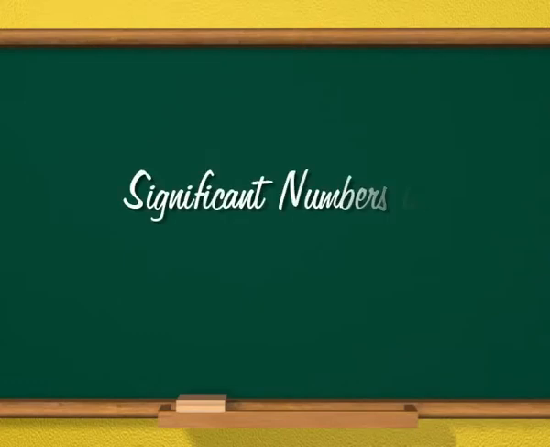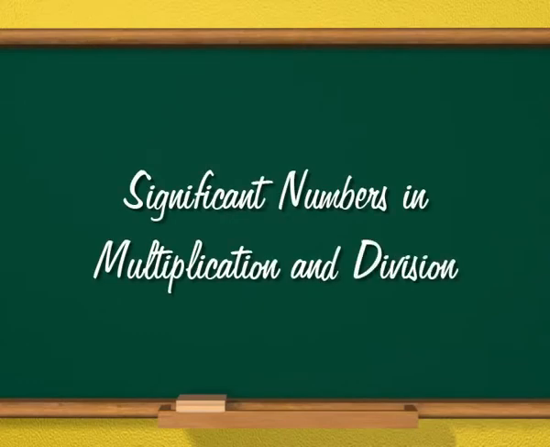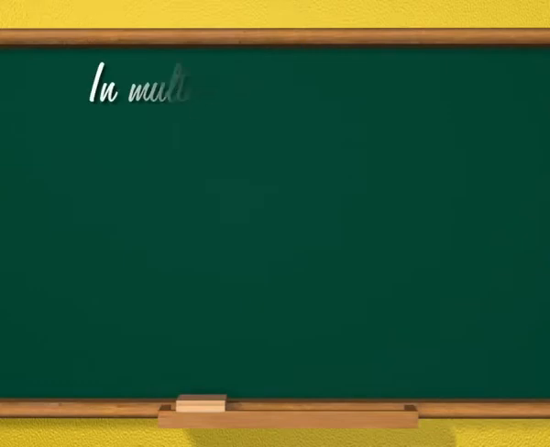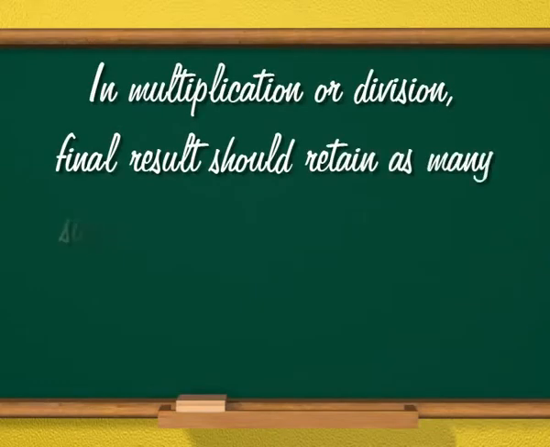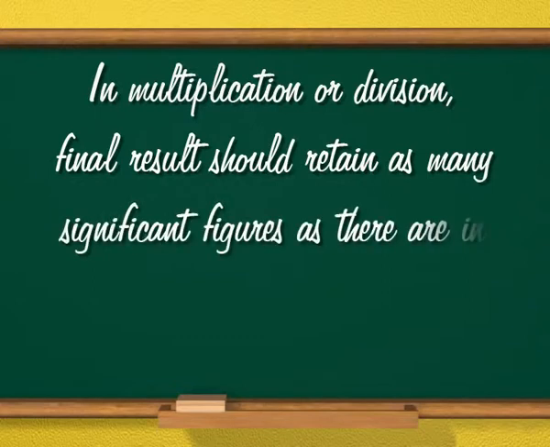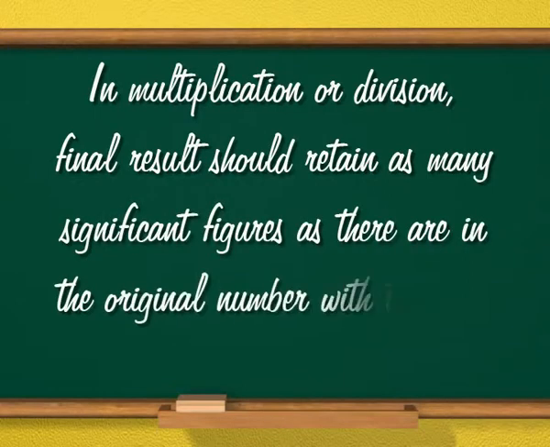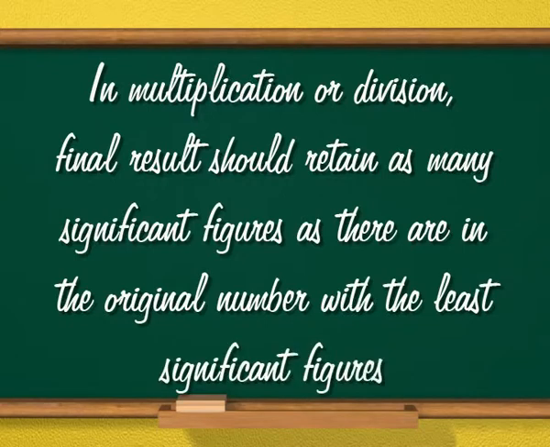Significant numbers in multiplication and division: in multiplication or division, the final result should retain as many significant figures as there are in the original number with the least significant figures. The result of computation with approximate numbers which contain more than one uncertain digit should be rounded off.